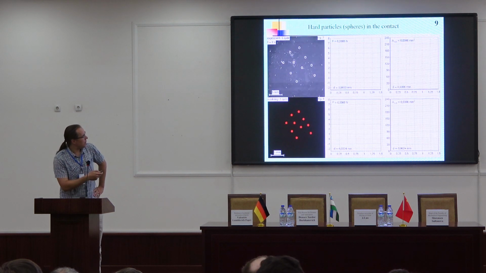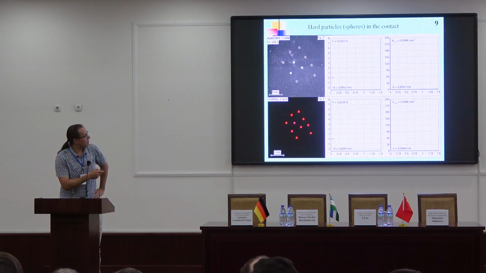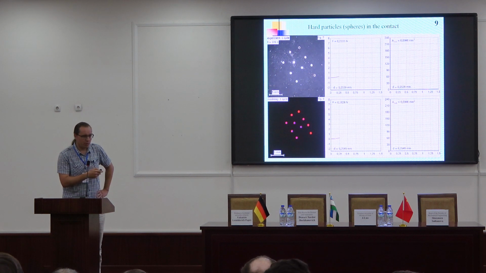Okay, the next slide. It's also the location of particles in the contact between rubber and layer, but as particles we have used here steel balls with a diameter of 1 millimeter.